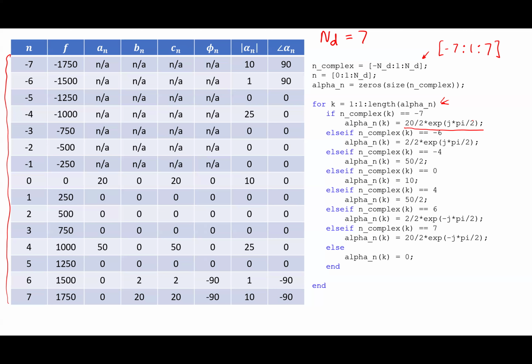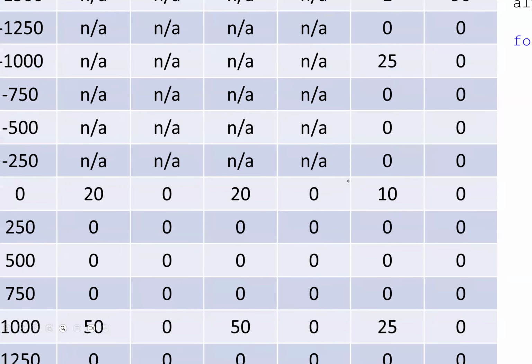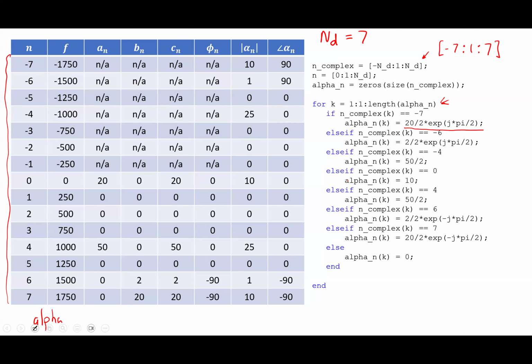The reason is because alpha n would end up being 10 times exponential j pi over 2, and then 1. So I'm going to write 15 separate numbers if I do that.